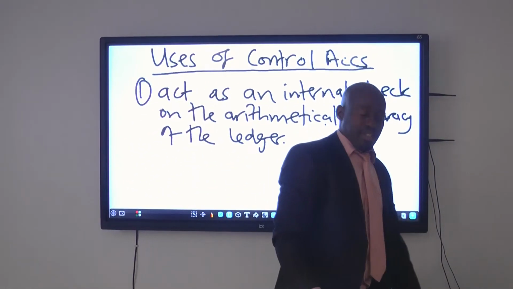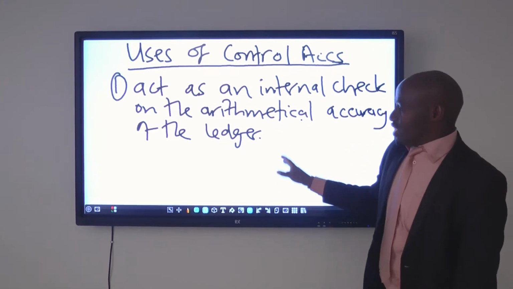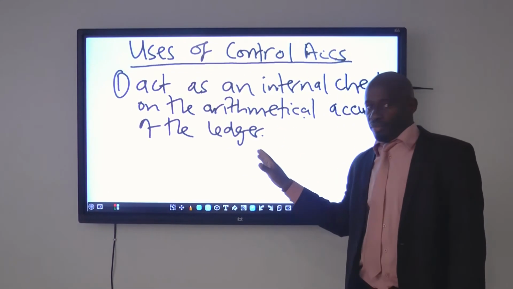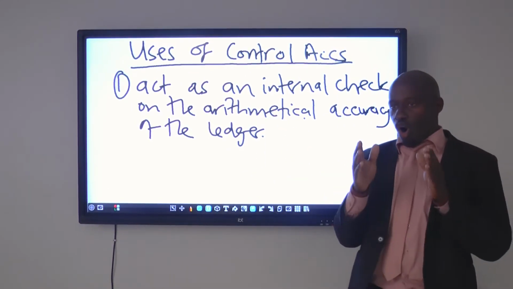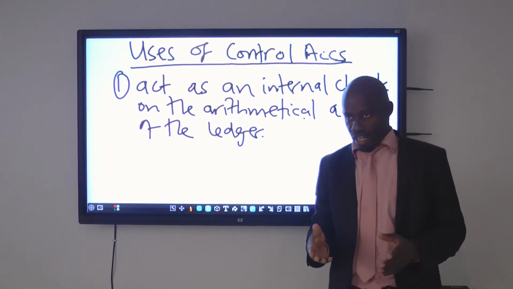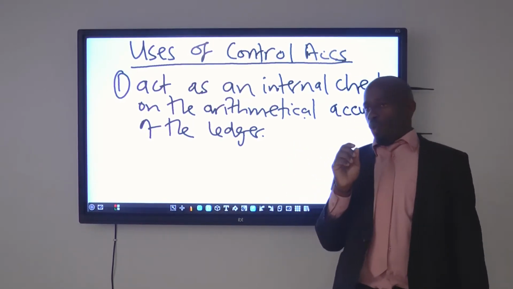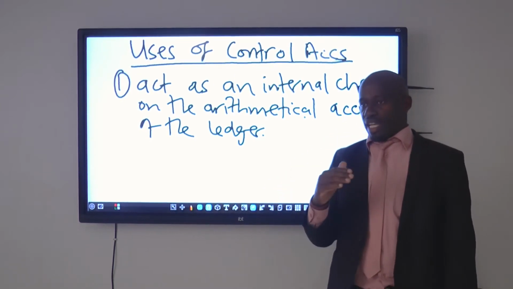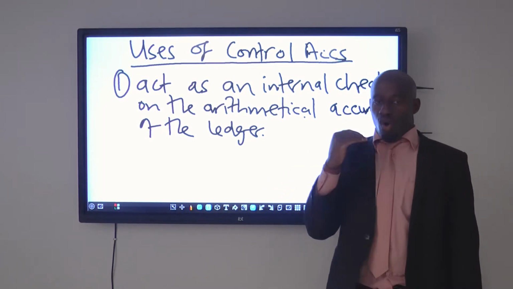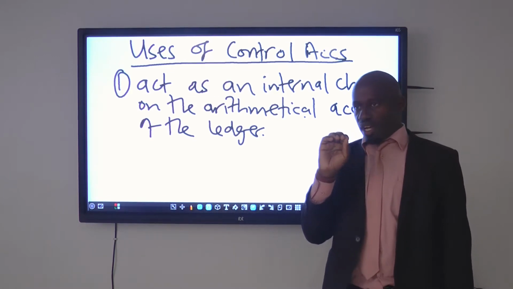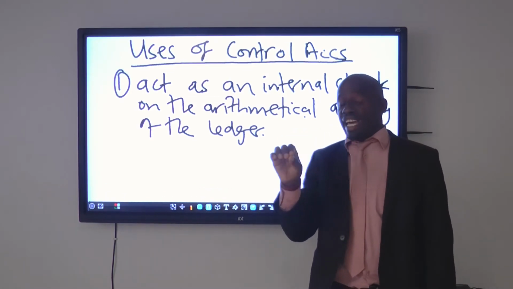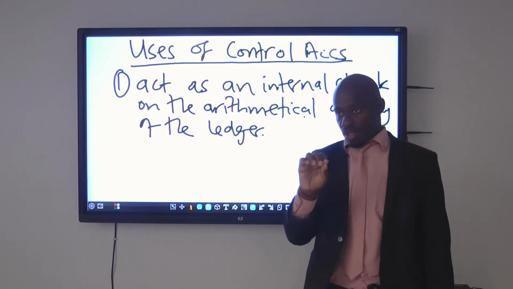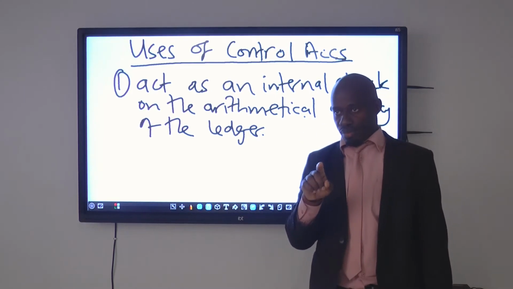What do you mean by that? The sales ledger records all individual debtors accounts, right? What then does the sales ledger control account seek to do? It seeks to check whether there have been any errors in the sales ledger or the debtors ledger.